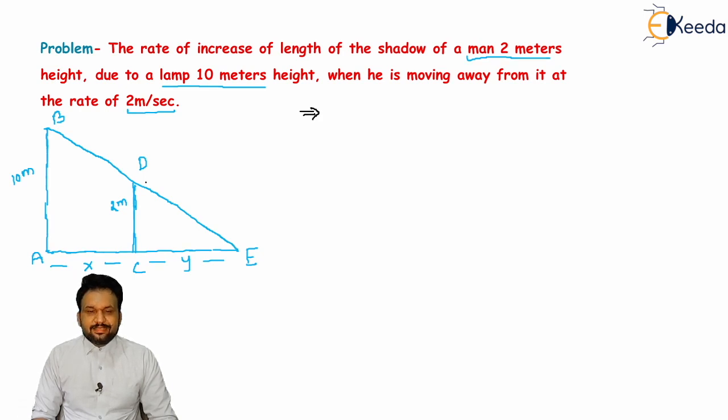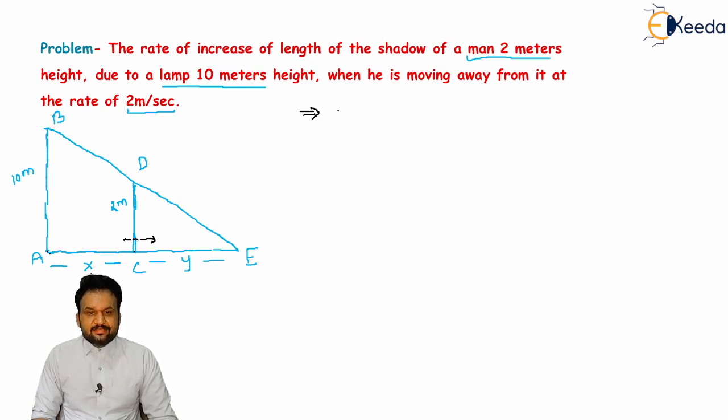Actually, what is going on here? A person is moving. He is just going away from this point. Like a person is standing over there and he's moving away from the lamp, and his actual distance from the lamp is X. So this distance is increasing.